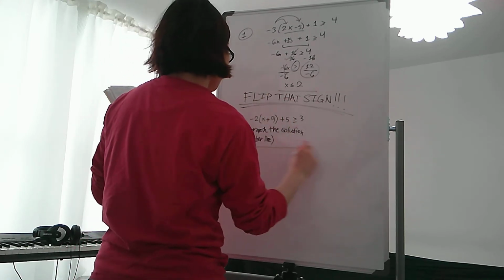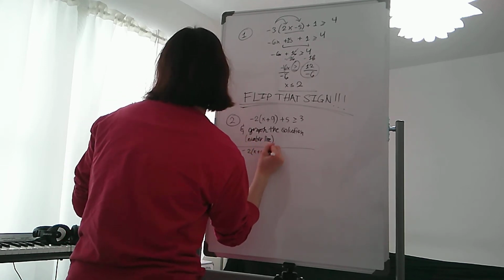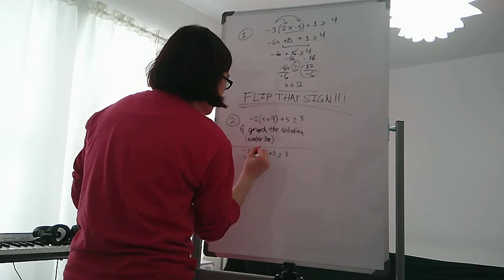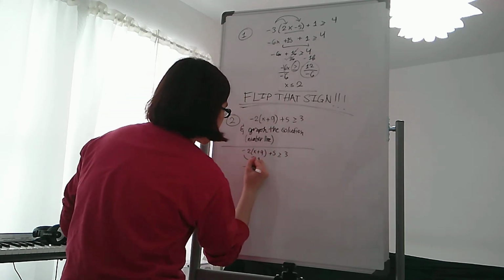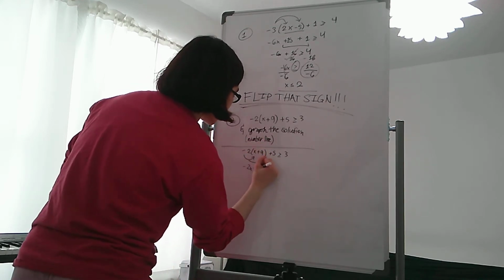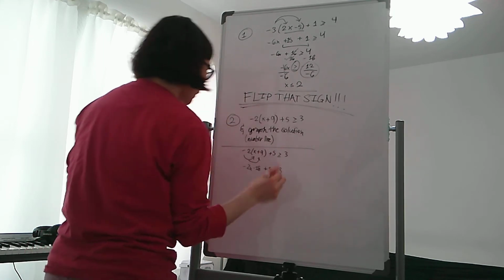So let's solve the problem first. -2 times the quantity x plus 9, plus 5 is greater than or equal to 3. Again, we're going to use the distributive property first. -2x, -2 times 9 is -18, plus 5 is greater than or equal to 3.